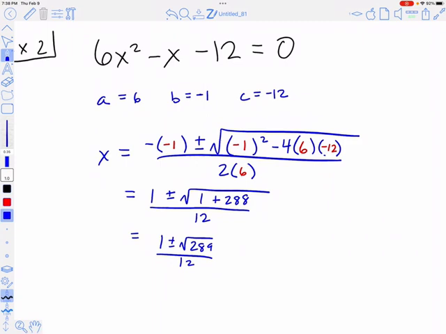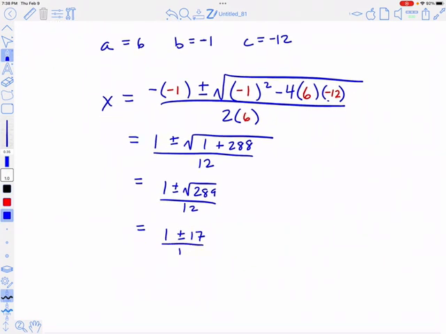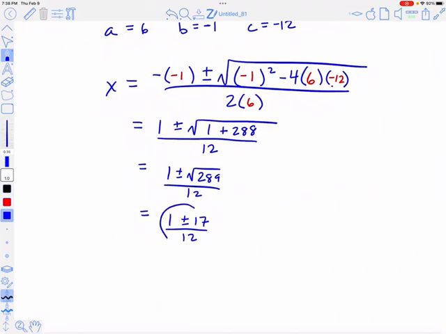And the square root of 289 is 17. That's actually a perfect square. So the square root of 289 is exactly 17. So we get to a place now where we don't have the square root anymore, and you might be tempted to stop here. But again, this is two answers. And because we don't have a square root anymore, we can keep going with calculating our answer. So this is where we would split in two.